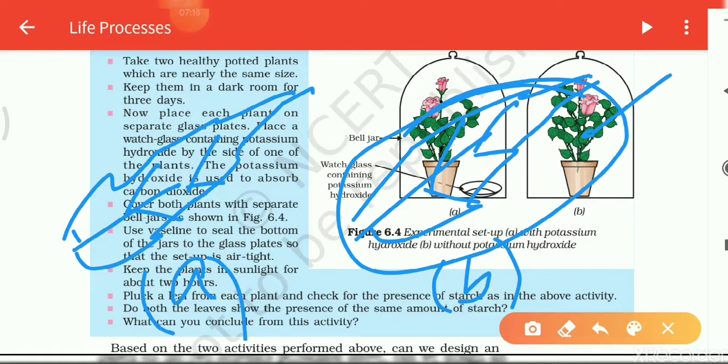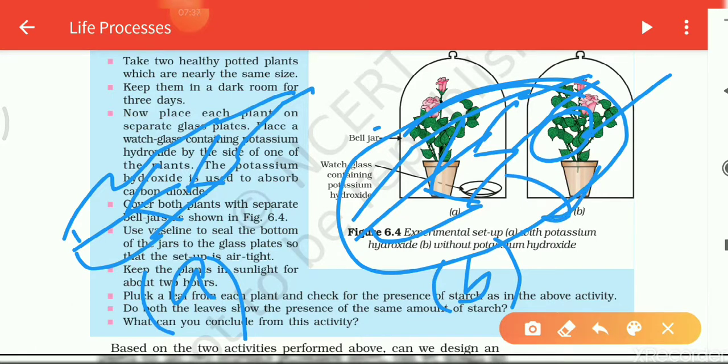It means starch is also present in this leaf. Now when we put the iodine solution on the starch, because we use the iodine solution for the starch test, it shows the blue black color.